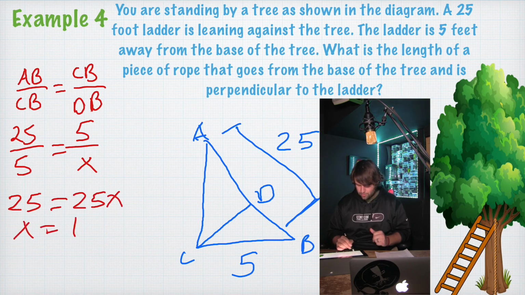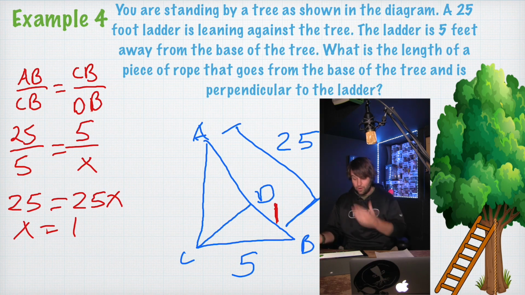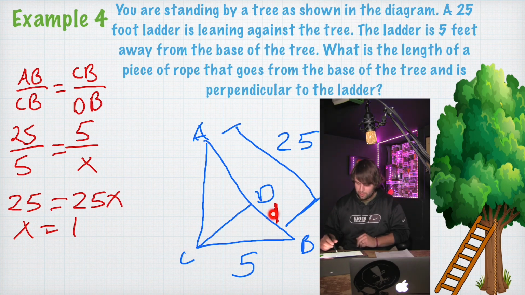So X equals 1. Okay, so we have 1 right here. DB equals 1. And with that, now here we have some options. We could use the Pythagorean theorem to solve for CD, which is totally acceptable, where you do 1 squared plus x squared equals 5 squared. And ultimately, that's what you're going to get if you do it the way I'm going to do it.